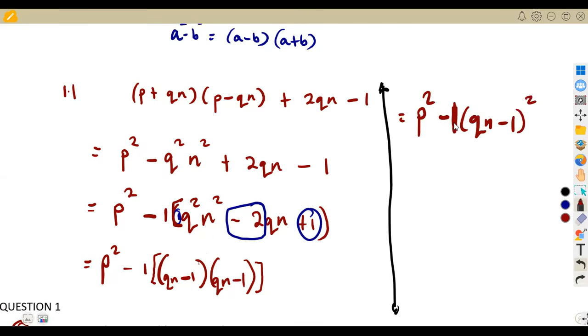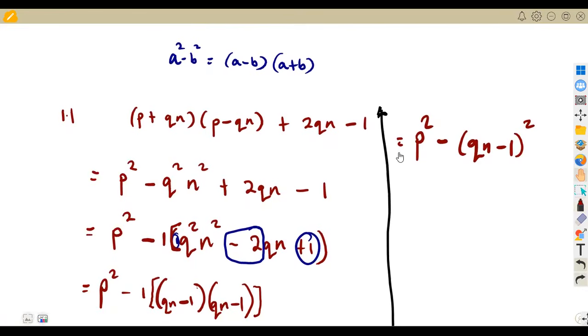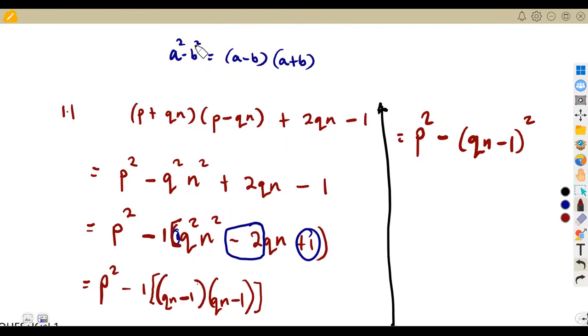So remember this, you can just leave it like that, okay? Now, if we consider what we have again here, we are back to the format that we talked about before, the difference of two squares. I told you, whenever you can write anything in this format, whereby you are having a difference of two squares, we are going to have the answers, which are the square roots of these.